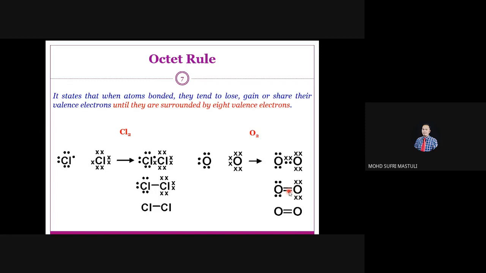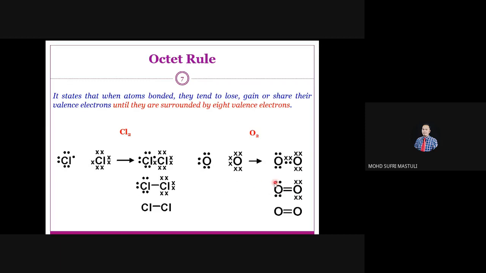If we want to know, this is one bonding pair, and they have 1, 2, 3, 4, 4 lone pairs. This one is one bonding pair with 1, 2, 3, 4, 5, 6 lone pairs.